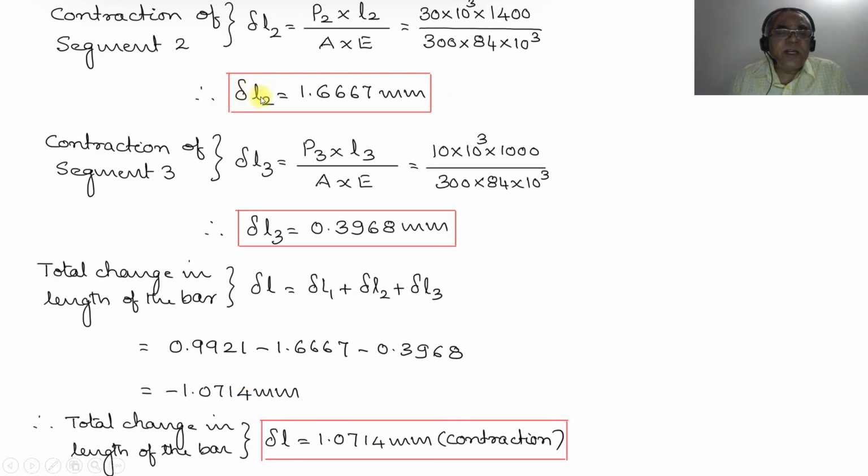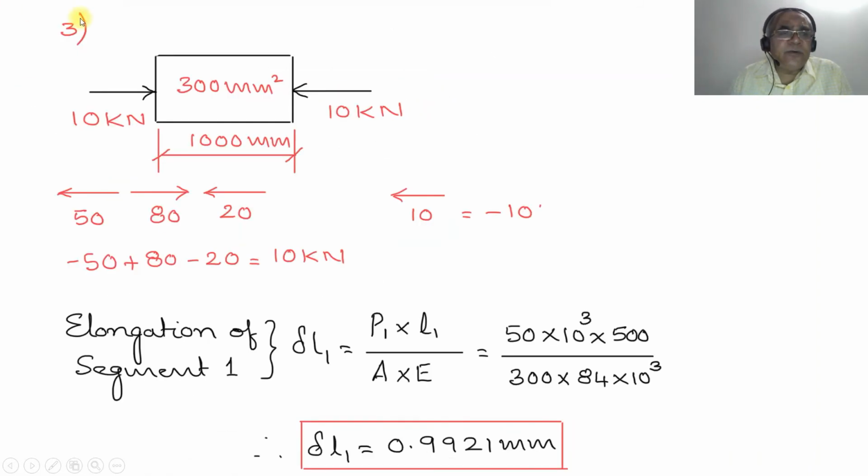On simplification, delta L2 will be 1.66667 mm.